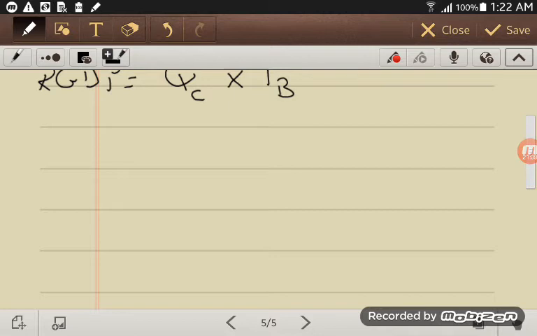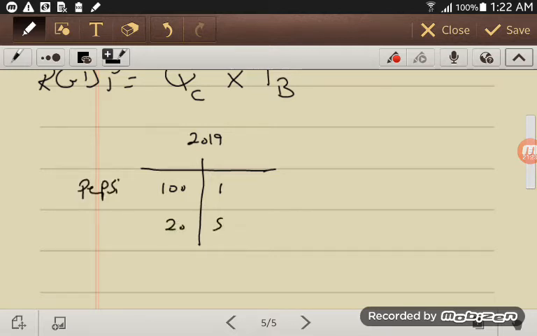We are going to use the same example, this is quantity and the prices for year 2019, 100, 1, 20 and 5, and this is for year 2020.